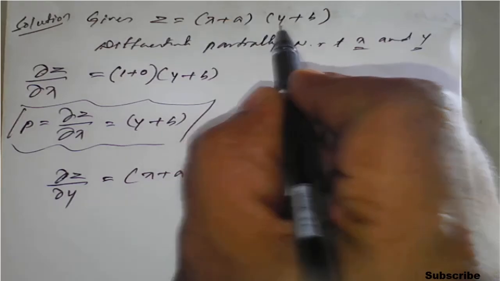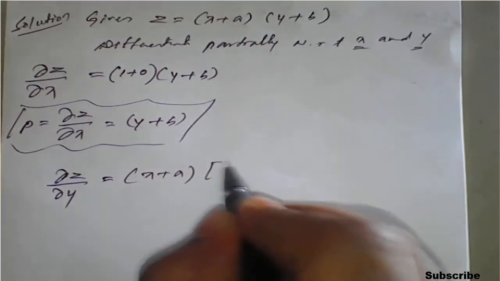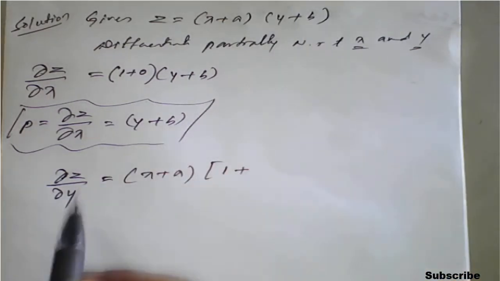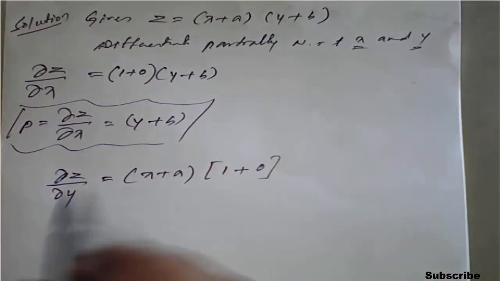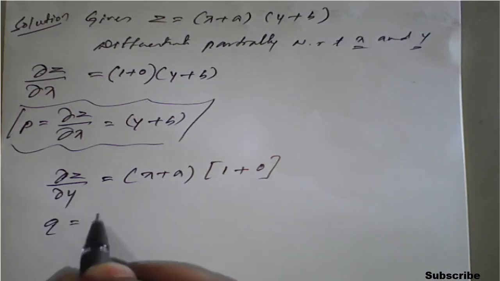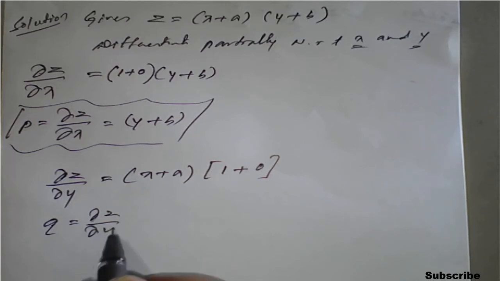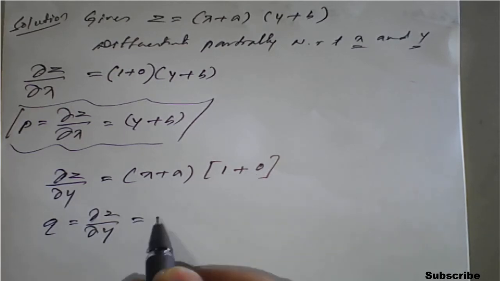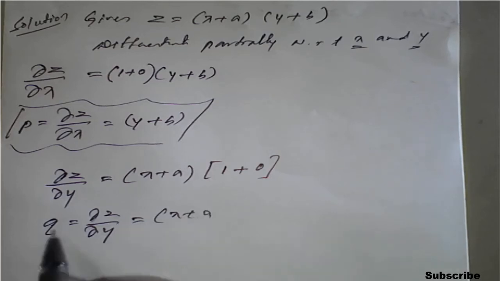We have to differentiate the other bracket partially with respect to y. So the partial derivative of y with respect to y is 1, plus b is purely constant with respect to y, 0. So therefore dou z by dou y is nothing but q, is equal to 1 plus 0 is 1, 1 into this bracket, x plus a.